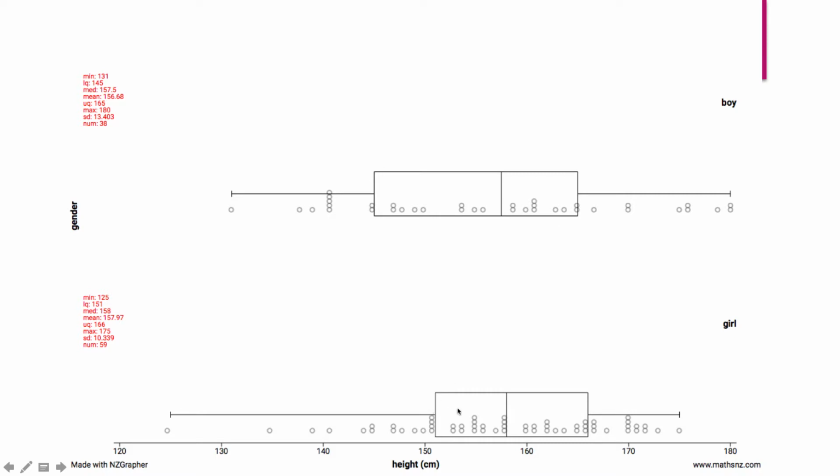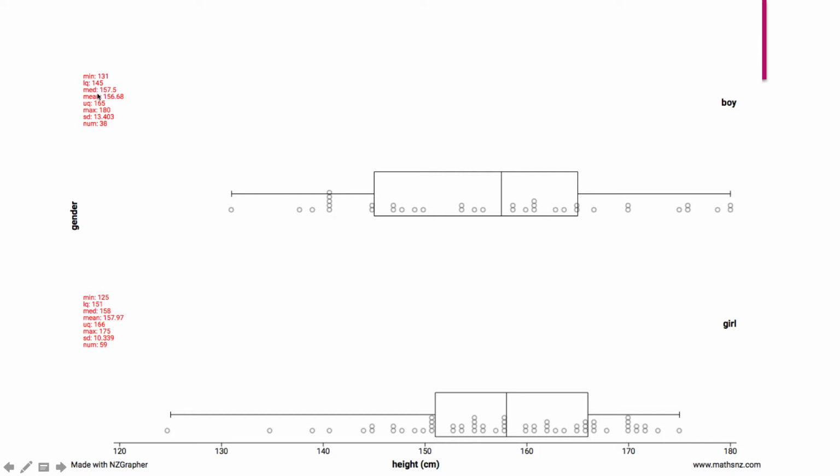So the middle 50% of the girls' data is here between this value and this value, and the middle 50% of the boys' data is from here to here. And that's important. Okay, so the first thing is to start looking at the measure of the central tendency, that is mean and median. And you can see the median for the boys is here and the girls is here.